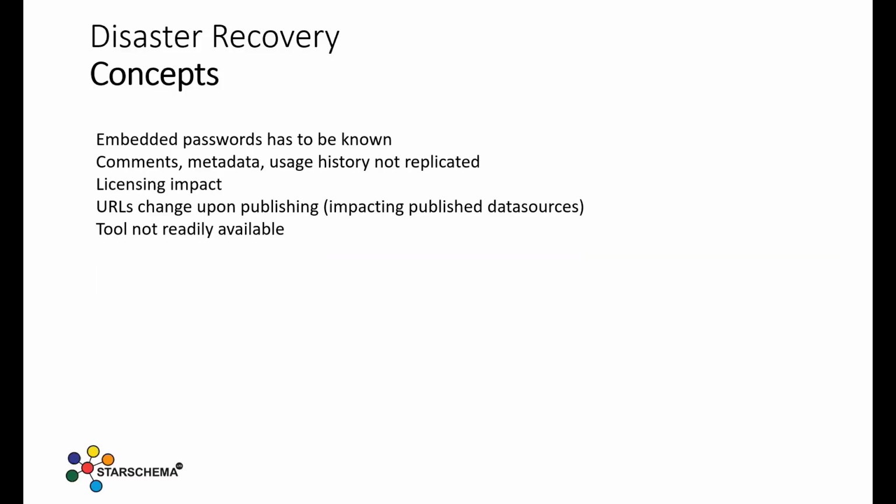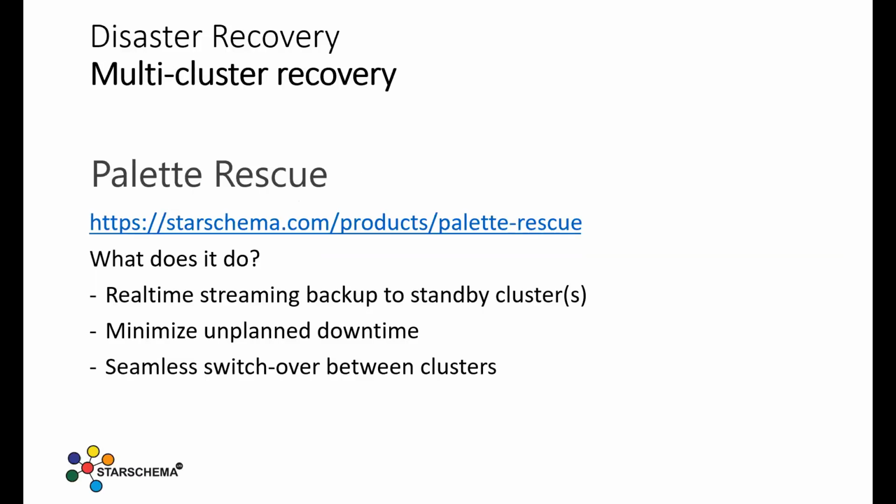And this can give you inconsistencies, especially if you're using published data sources in workbooks, since published data sources are referred to with URLs as well. Also, the tool to do this is not yet developed, so since it doesn't exist, it will be hard to use. But it can be created by anyone who takes up the task to develop it.